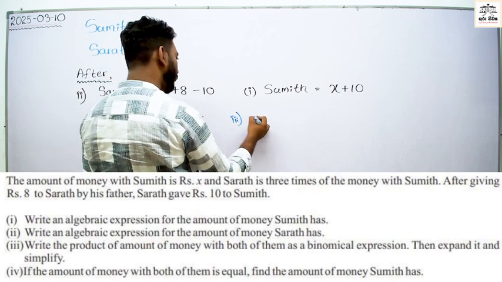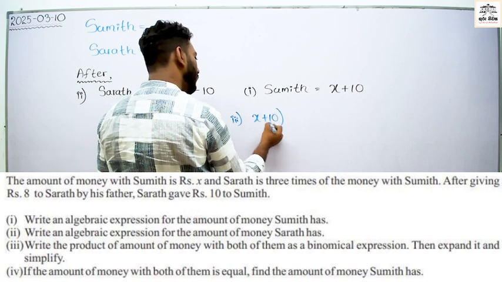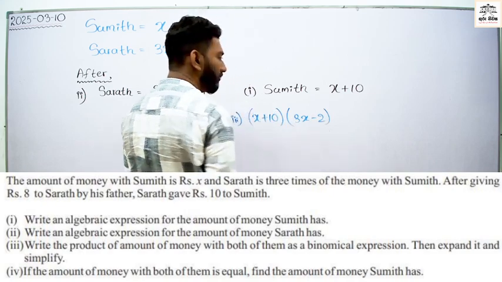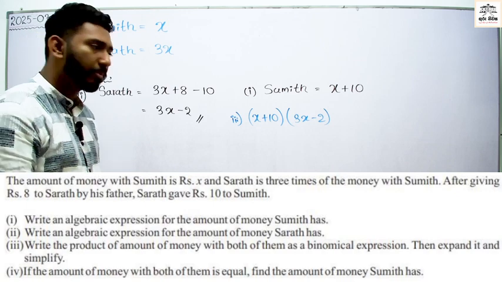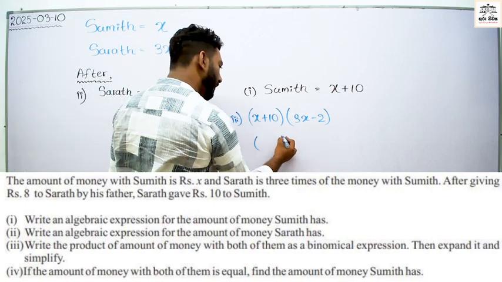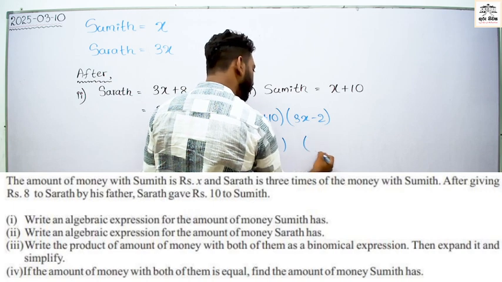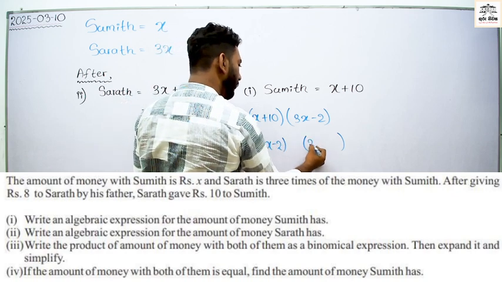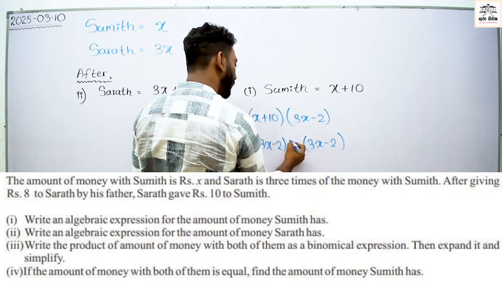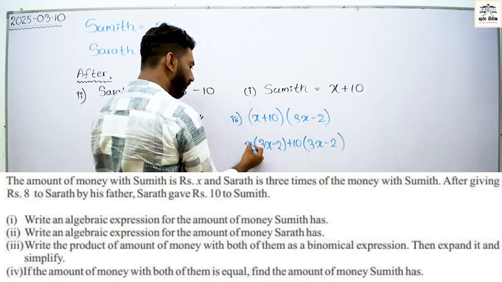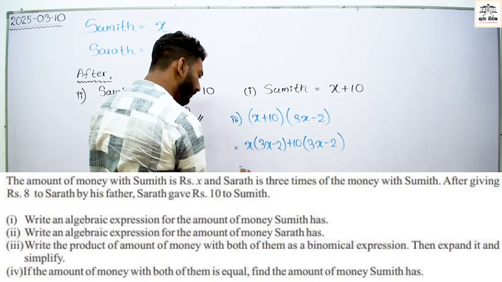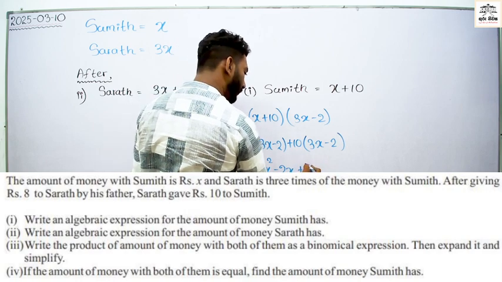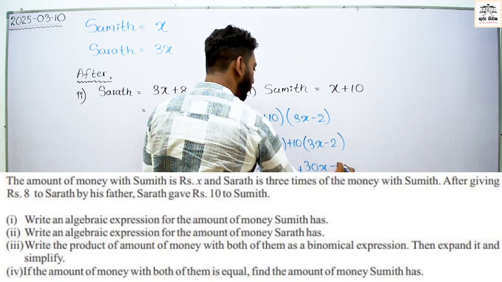You need to multiply x plus 10 into 3x minus 2. And as we did in the previous question in this paper, repeat the second bracket twice. 3x minus 2, 3x minus 2. And here's a plus 10 and here's the x. x into 3x becomes 3x squared, minus 2x, plus 30x and minus 20.